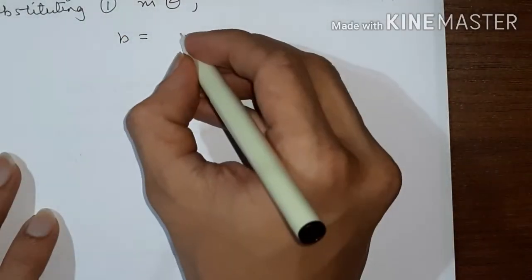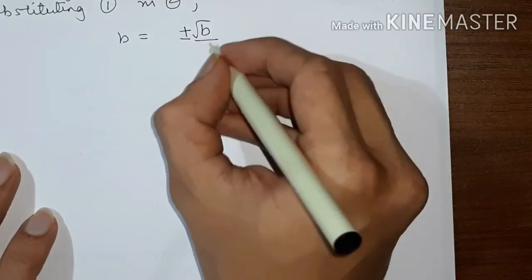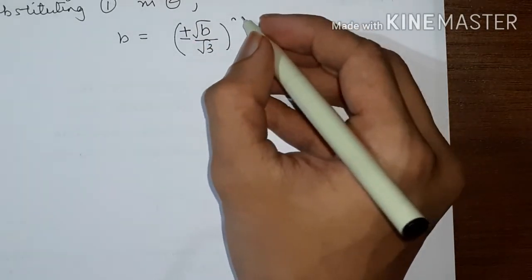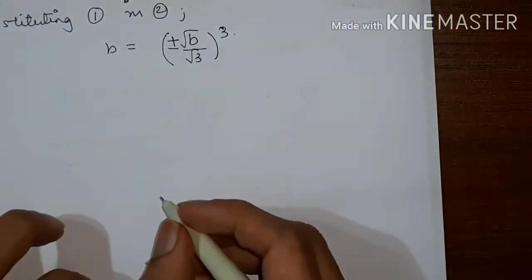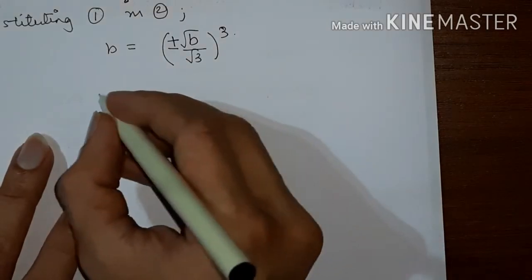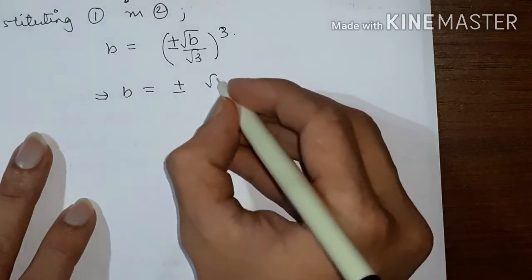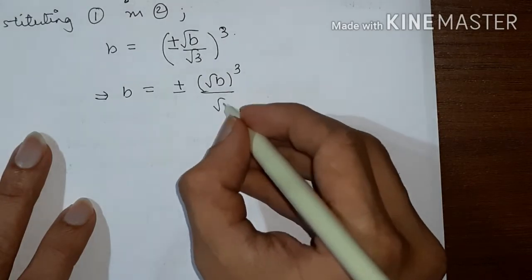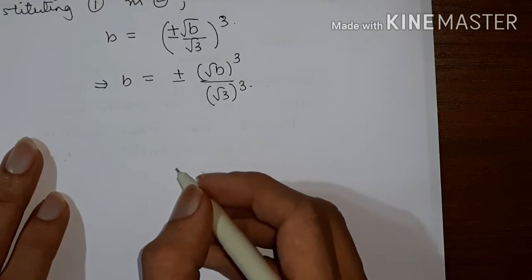So that is nothing but b is equal to plus or minus root b divided by root 3, the whole cube. Right? This is what you will get. So b is equal to plus or minus root b the whole cube divided by root 3 the whole cube, right? So this is what we will get.